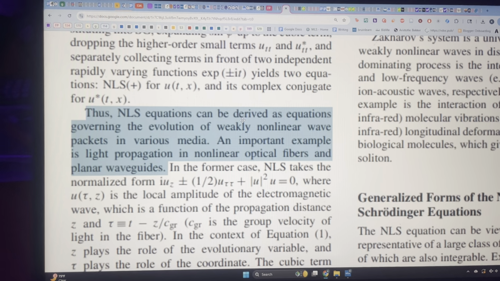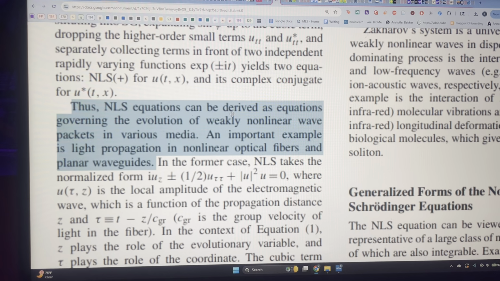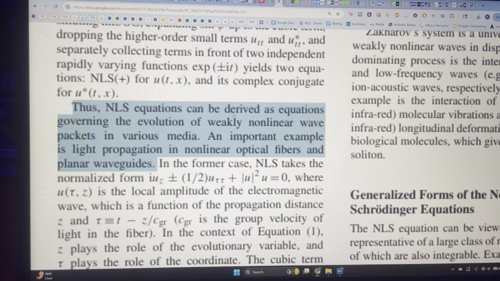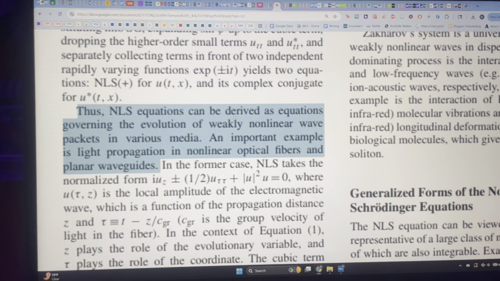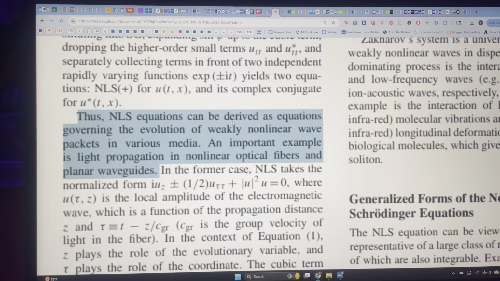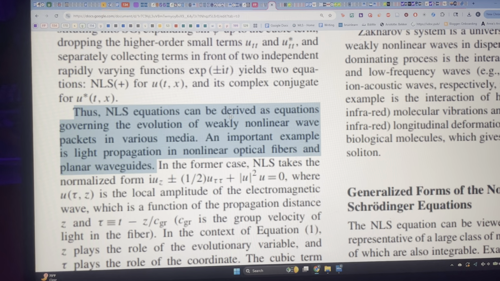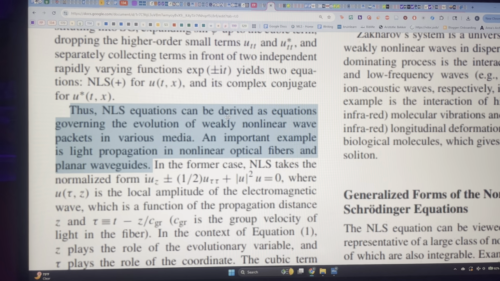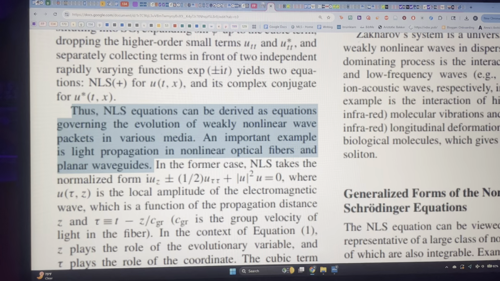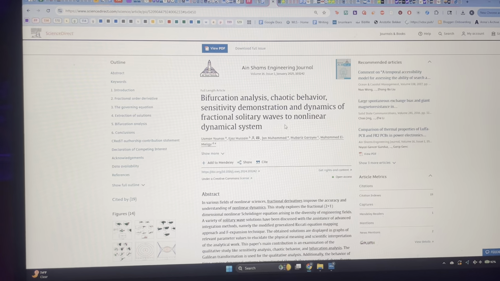The nonlinear Schrodinger equation can be derived as equations governing the evolution of weakly nonlinear wave packets in various media. So when I think of this, I think of a traveling wave or a soliton, which is really what this paper that I was focusing on is about.